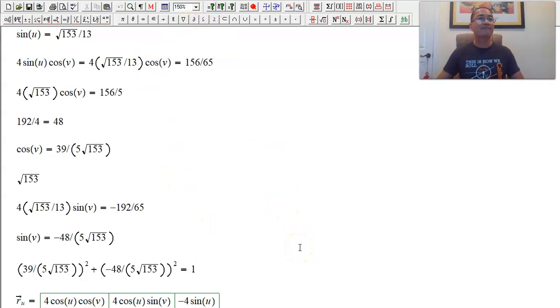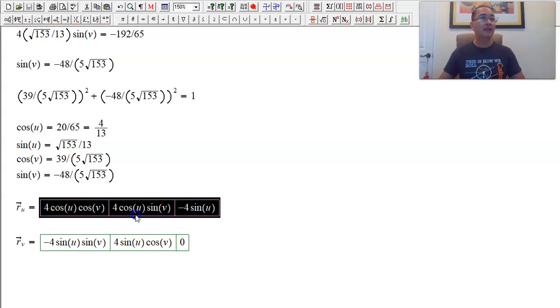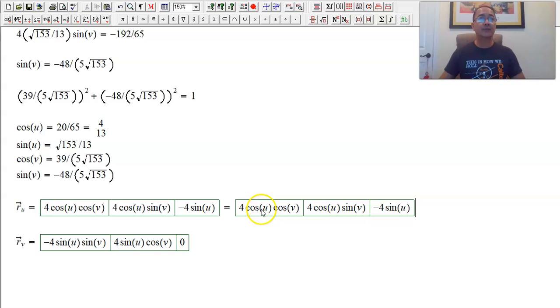Bingo, we got 1. Okay, so we are ready for the partial derivatives. We are going to plug in these 4 values into our partials. So cosine u we have, so we need 4 over 13. You know what, let me just write 4 over 13 here, because the rest are in one line.